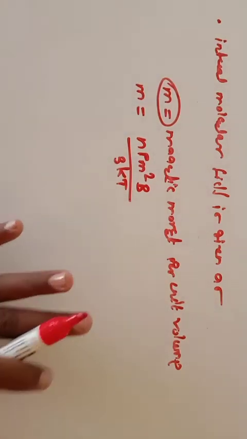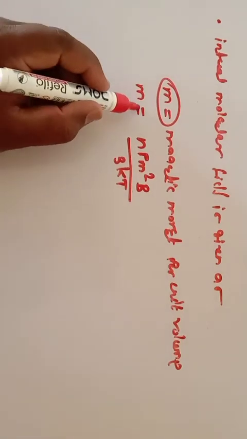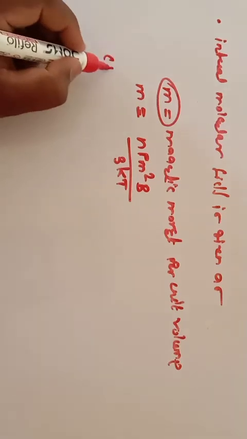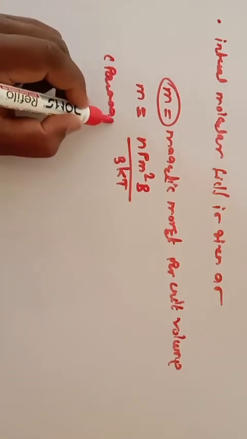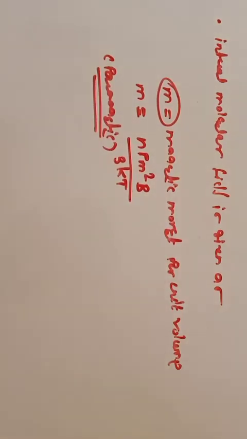No doubt, small m represents the spontaneous magnetization, but we consider here M, that is, the magnetic moment per unit volume. For a paramagnetic material, the magnetic moment per unit volume is given as M, which is equal to N pm square into B upon 3kT.